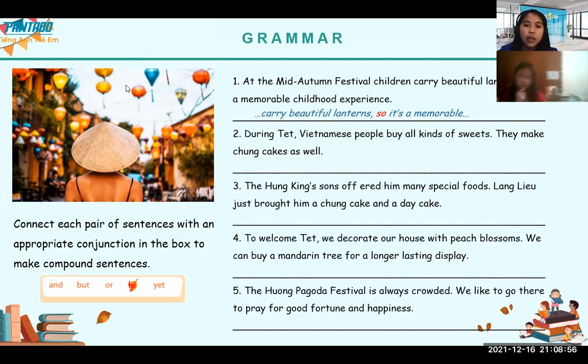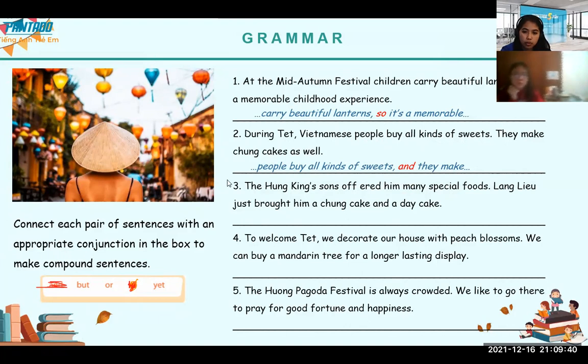What's your answer for this one, Ngok? And. Okay, let's check. Very good. During that, Vietnamese people buy all kinds of sweets and they make chung cakes as well. So, and is correct.